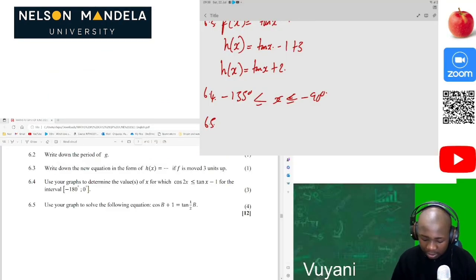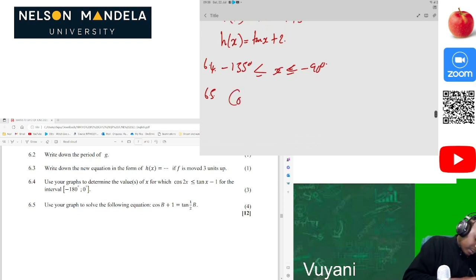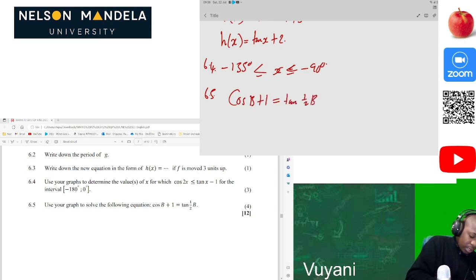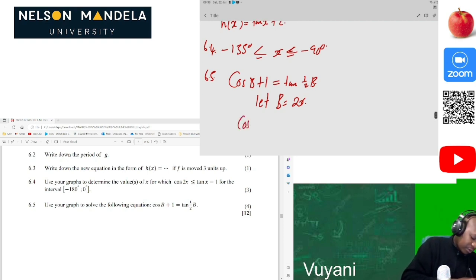When we're solving this question, we can see that cos b plus 1 is equal to tan of 1 over 2 b. If we let b be equal to 2x, because they're saying hence, which means you're using what you already have in the beginning, this will be cos of 2x plus 1 is equal to tan of 1 over 2 times 2x.